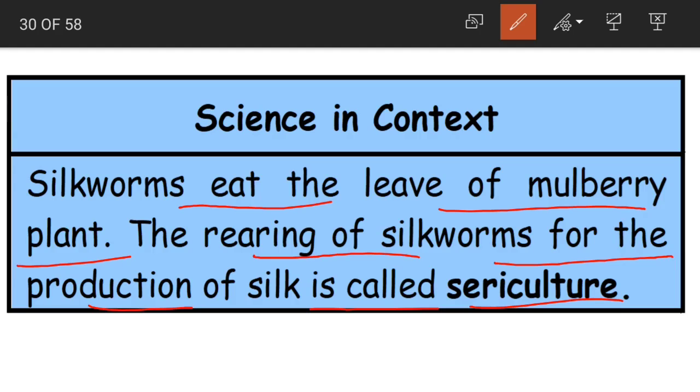Sericulture is where they take care of silkworms for the production of silk. And how do they feed these silkworms? By giving them mulberry leaves for their food.